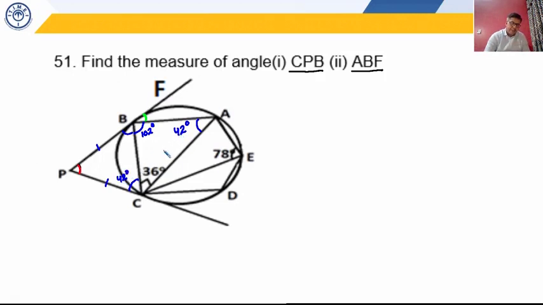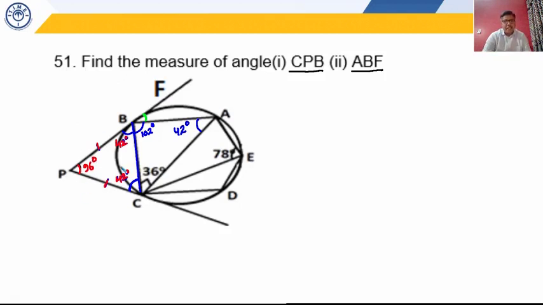Angles in alternate segments are equal. Angle made by this chord at the tangent is 42 degree, is angle made by the same chord in alternate segment, which is 42 degree. So if this angle is 42, can I say this angle is also 42 degree? Because these two sides are equal, isosceles triangle. So 42 plus 42 is 84. So this angle is 96 degree. Can I say? Sum of the angle is 180 degree.